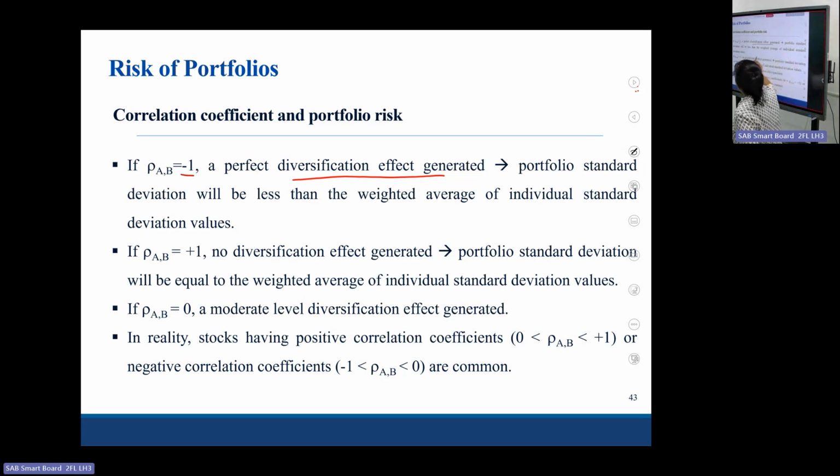Portfolio standard deviation will be less than the weighted average of the individual standard deviations. Normally, to assess the diversification advantage, as a rule of thumb, we calculate the weighted average standard deviation value: X's standard deviation at 50%, Y's standard deviation at 50%.